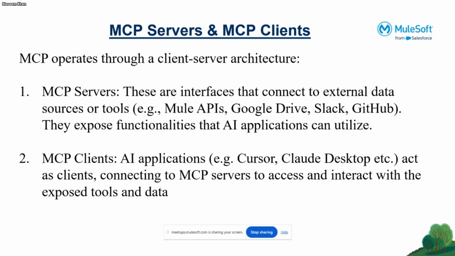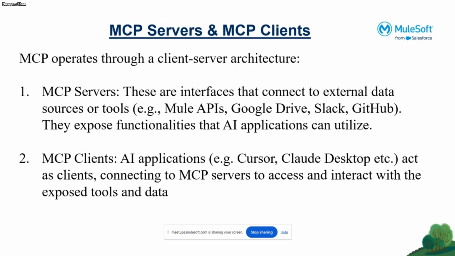Okay. So as I said, MCP operates through a client server architecture. So here two aspects are there. MCP servers: in this case, I'll show how the Mule API we have will convert into an MCP server.